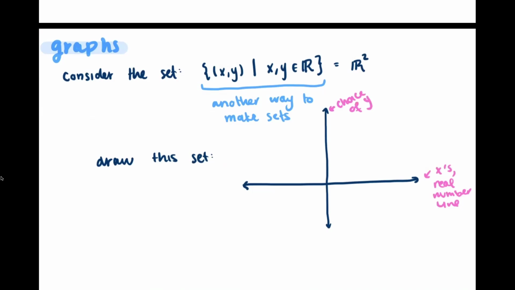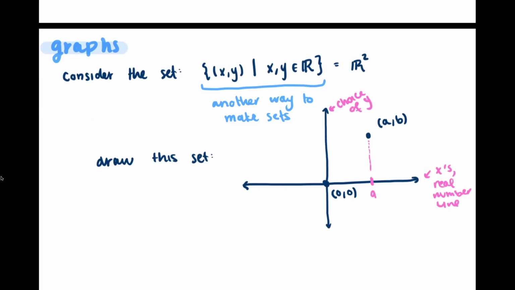And then the convention is to say that these two lines intersect at 0, 0. This is really just a choice, but that's usually what we do. Then if I take any point out in here, say some point a comma b, and drop a perpendicular line, it intersects the real number line of x values at location a.